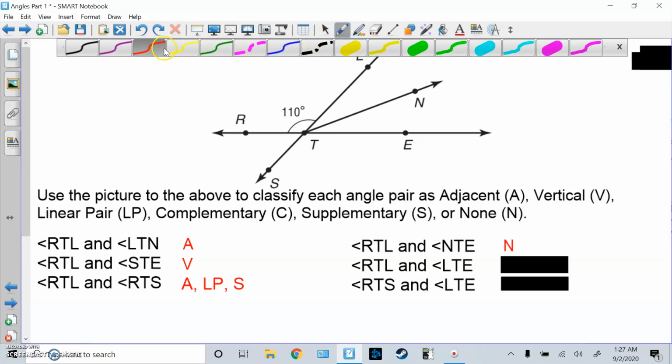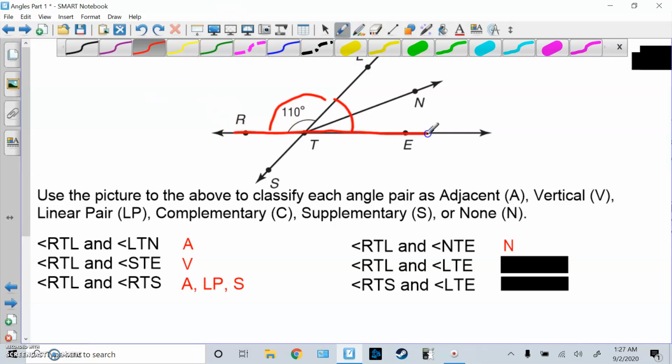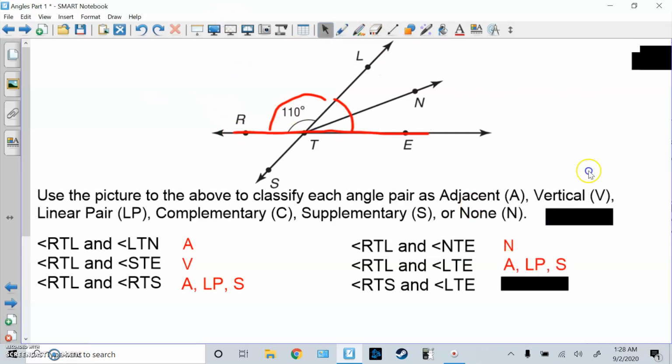All right, next we have RTL and LTE. L to T to E. So L to T is all this. Notice these are adjacent. They share LT. Also, they make a straight line. So that's a linear pair. And all linear pairs are always supplementary.